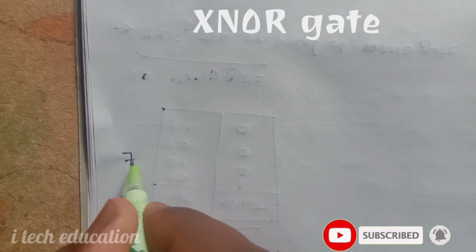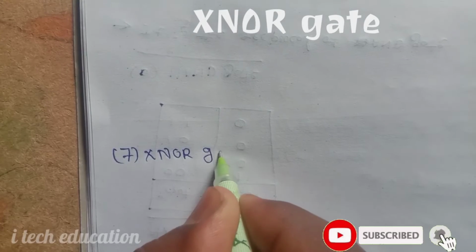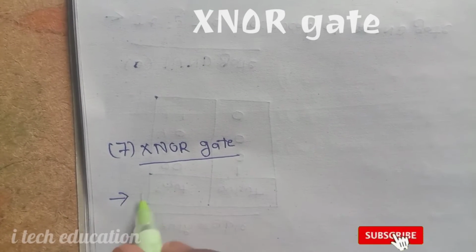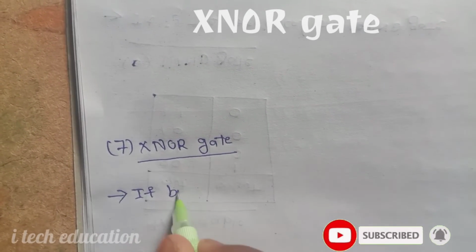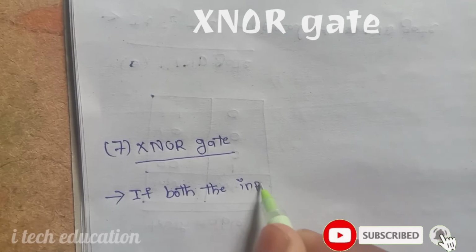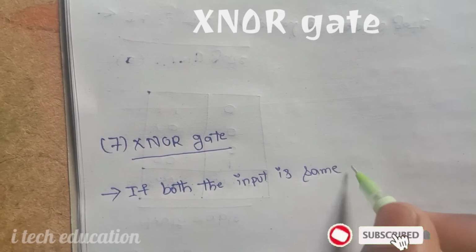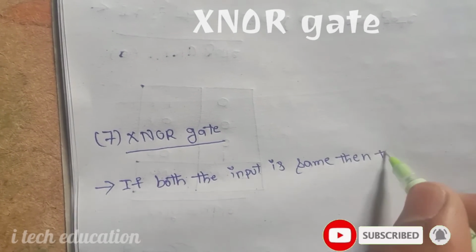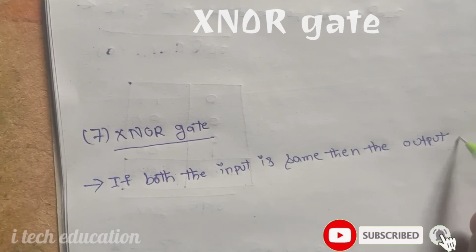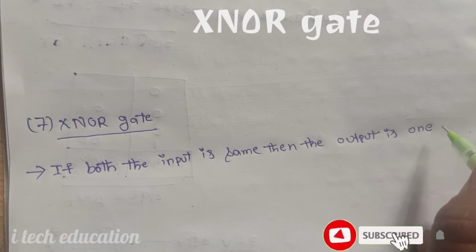Let us see the last one, that is XNOR gate. The definition of XNOR gate is: if both the inputs are same, then the output is 1.